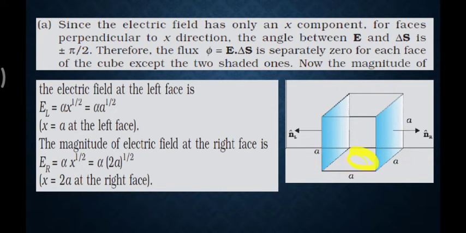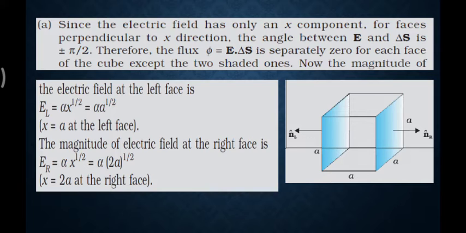The same for the front and the back faces. Only the respective left and right faces will have flux. How? Because this surface has its surface element outward in this direction, and the electric field is also there. We already saw this in part number 13 from the cylindrical point of view.